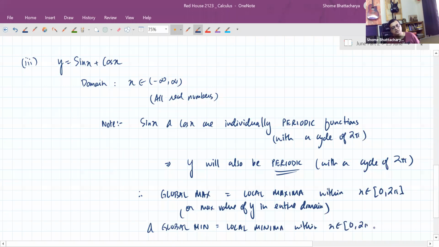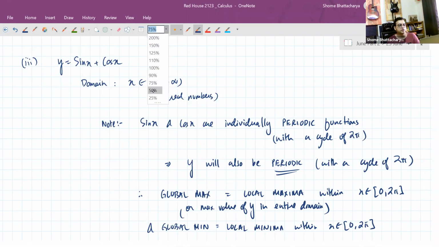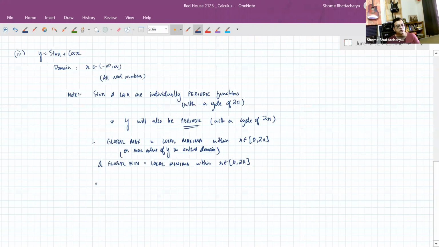So this problem now gets converted for the range. It becomes converted to calculation of local maxima and minima. Okay, so therefore range will be between local minima and local maxima. So we just need to now find the local minima and maxima. For that, remember you have this general process. Okay, dy by dx is cos x minus sin x.